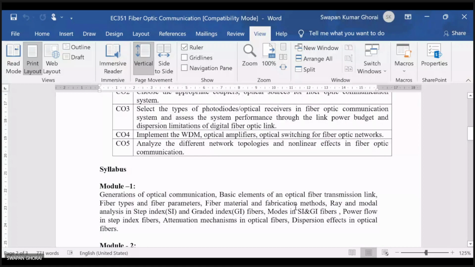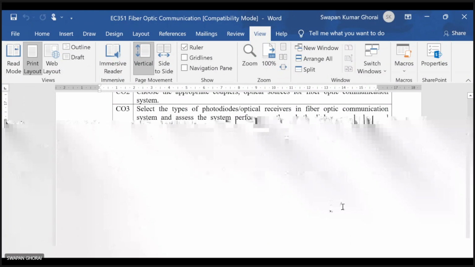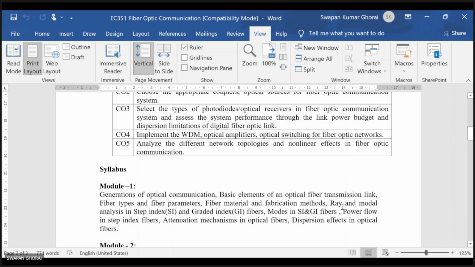Wave optics can be used for all cases, but ray optics cannot be used for single mode fiber, because the main assumption of ray optics is that the wavelength tends to zero; it generally neglects the finiteness of the wavelength of light. In that case, the wavelength is considered very negligible.